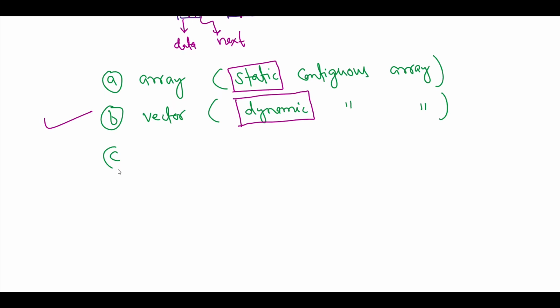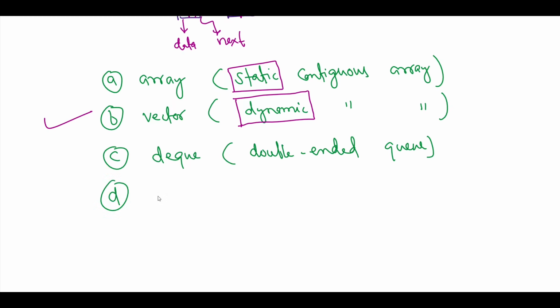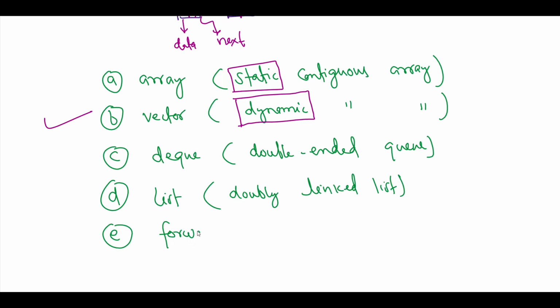Now the third data structure that we have in sequence containers is DQ, which is double-ended queue. If you have gone through data structure course, so I am sure that you know about DQ also. Fourth one is list. If you come across list in STL, so you should be aware that list means doubly linked list, and if you want to implement singly linked list, then you have to use forward underscore list.